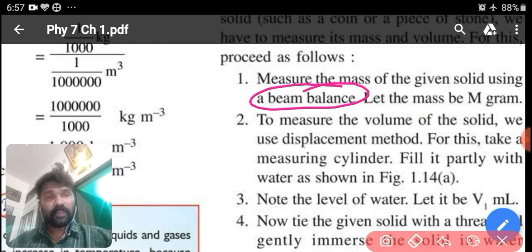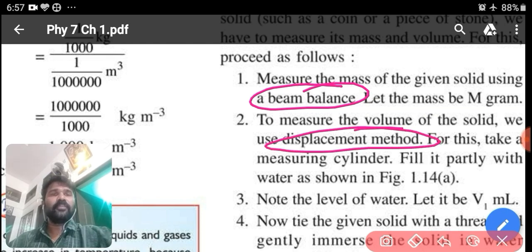Then to measure the volume of the solid, we use the displacement method. For this, what we have to do? Take a measuring cylinder and fill it partly with water.